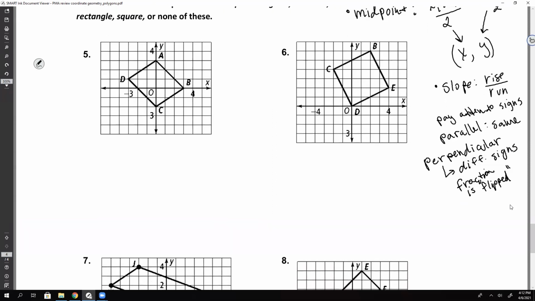So an example of a perpendicular slope would be -3/5. The perpendicular slope to that would be +5/3. So different signs, and then the fraction is flipped around.